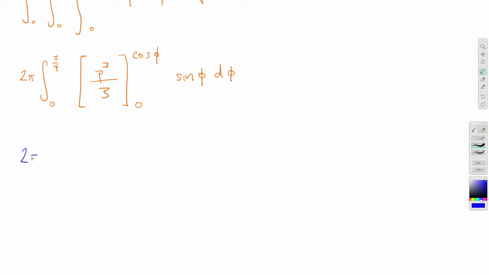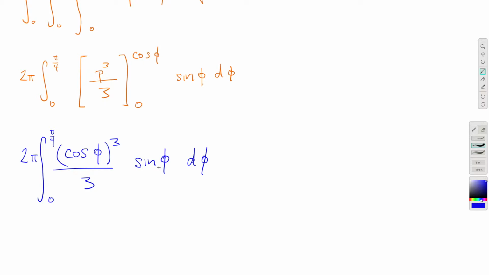So 2 pi, cos cubed phi on 3, and don't forget this, 0 to pi on 4, sine phi d phi.